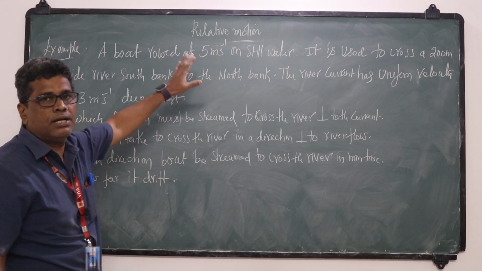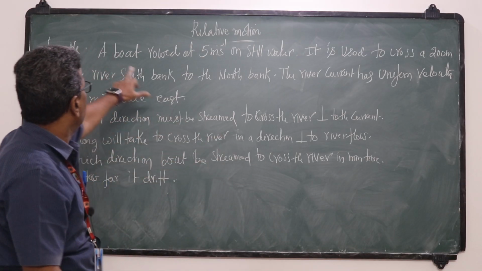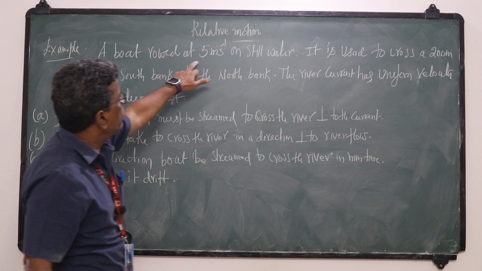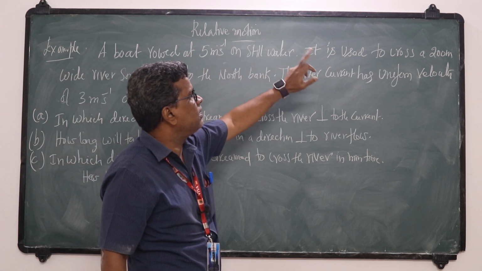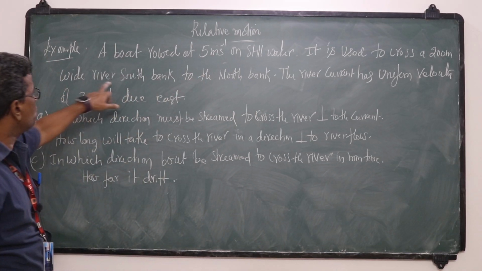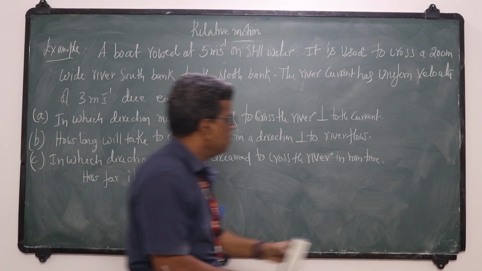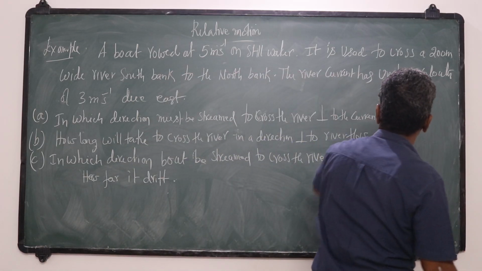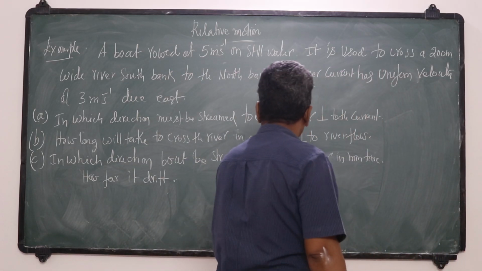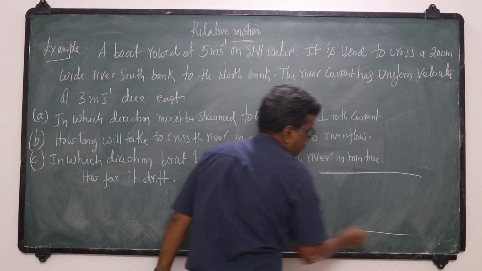You try to understand. First you analyze the problem. Okay, what is the given data? A boat is rowed at 5 meters second inverse in still water. It is used to cross a river whose width is 200 meters, south bank to north bank. So the person wants to cross the river from the south bank to the north bank. I will draw this diagram here.